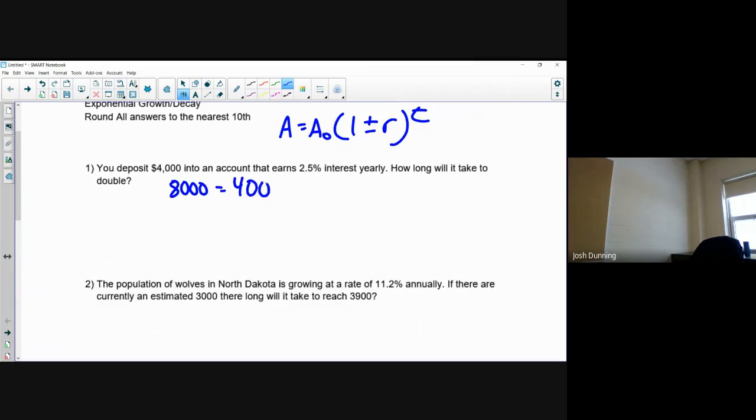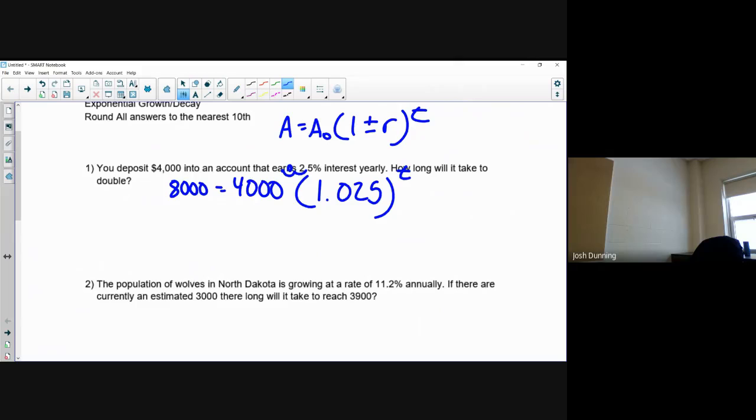4,000 was the starting amount. It'd be the rate, and I've got to pop that decimal over twice, so fill in 0.025. I'm not just typing a simple answer here, so I'm actually going to do 1 plus 0.025, which is just 1.025, to the t power.